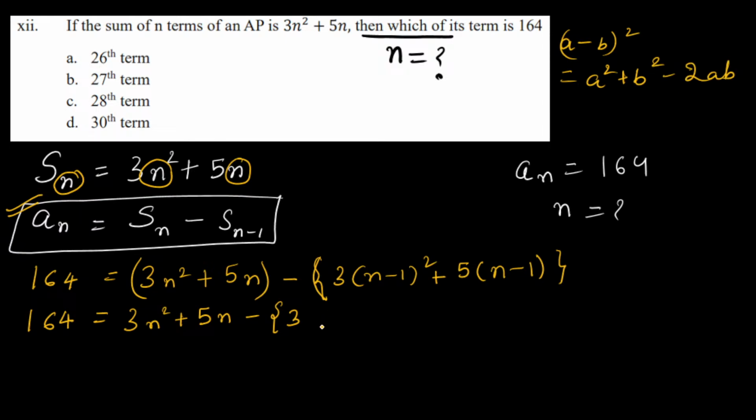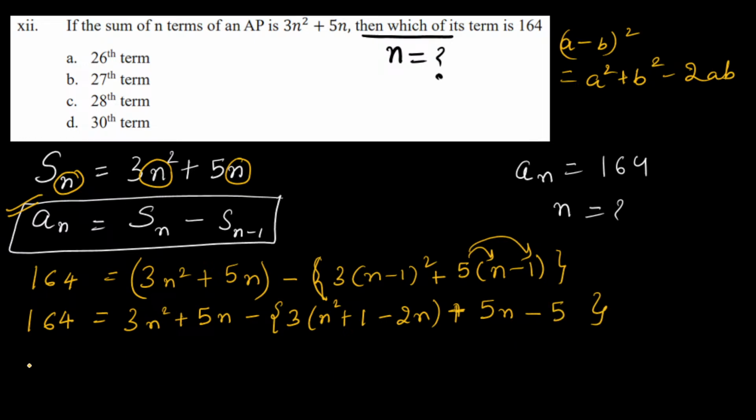Now a is n, so I can write n square plus 1 square, which is 1, minus 2n. Here I can do the bracket multiplication: 5 into n is 5n, minus 5 into 1 is 5.